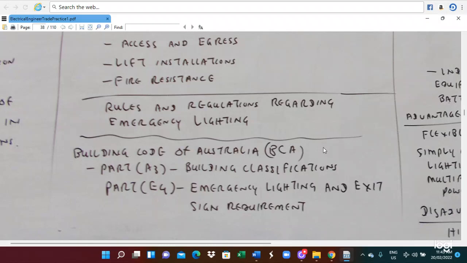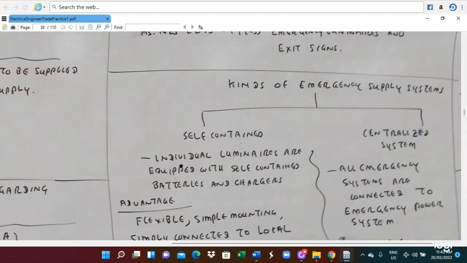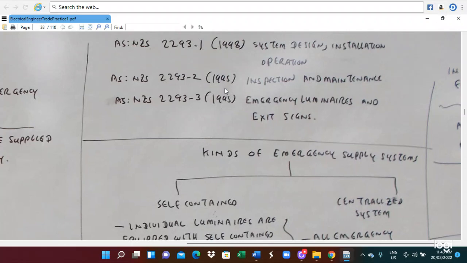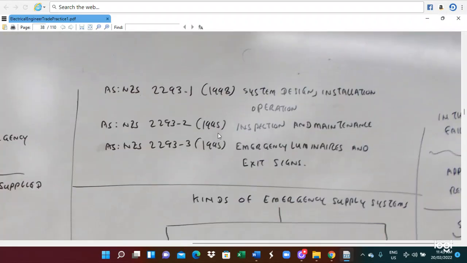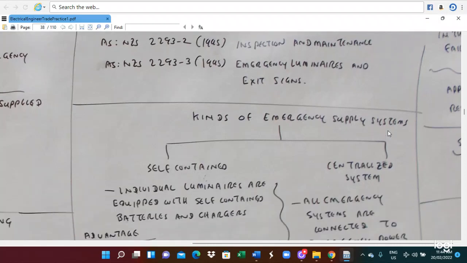There are also appropriate Australian standards for emergency lighting systems. AS 2293.1 1998 edition covers system design, installation and operation. AS 2293.2 1995 covers inspection and maintenance. AS 2293.3 1995 covers emergency luminaires and exit signs. Those are the Australian standards required for the emergency lighting system.